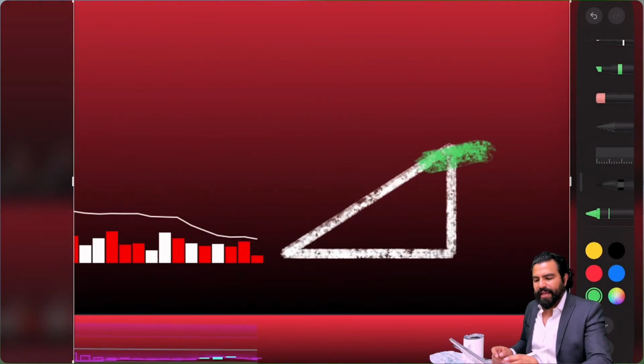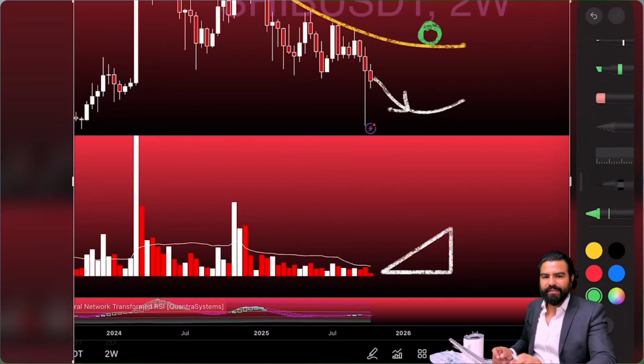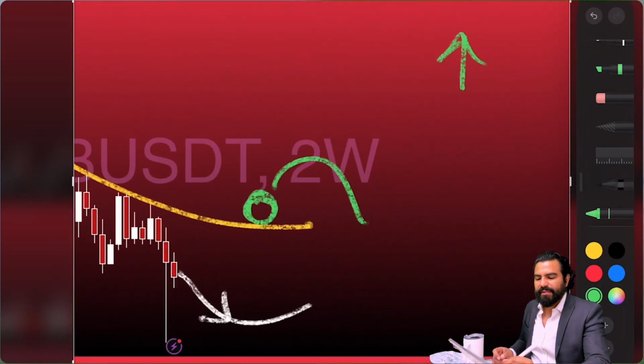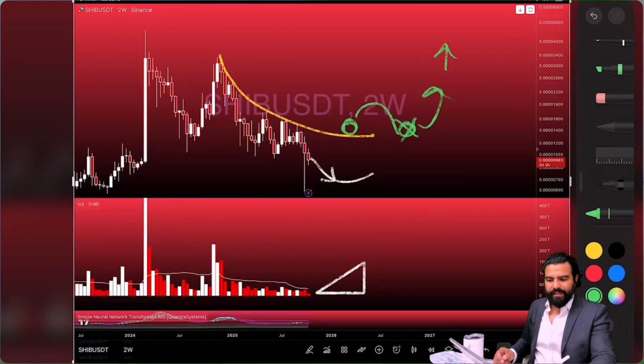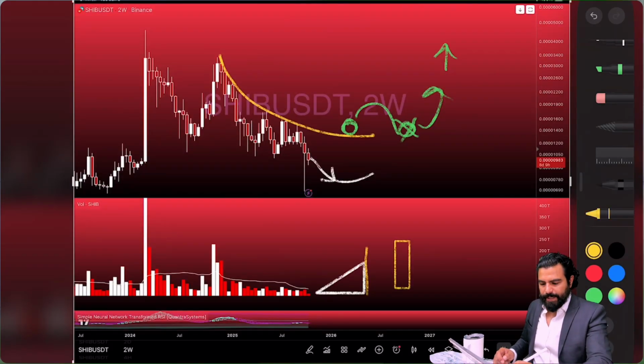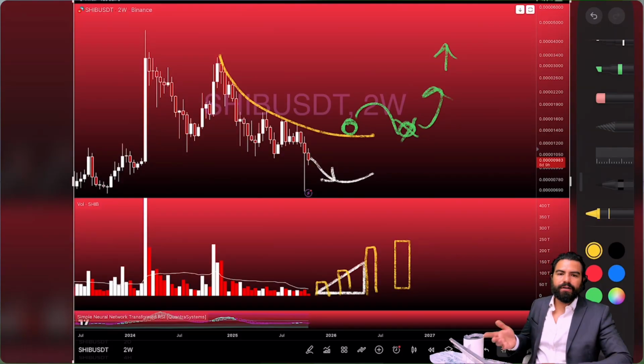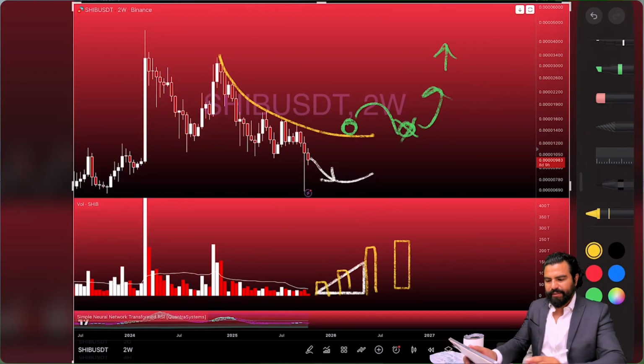I need to see that professional accumulation coming in. I need to see buyers coming there. I want to see more buyers coming here, right there. I want to see some buyers coming in. I want to see it, but I just don't right now. I never saw it on Shiba, so we've got to see it.